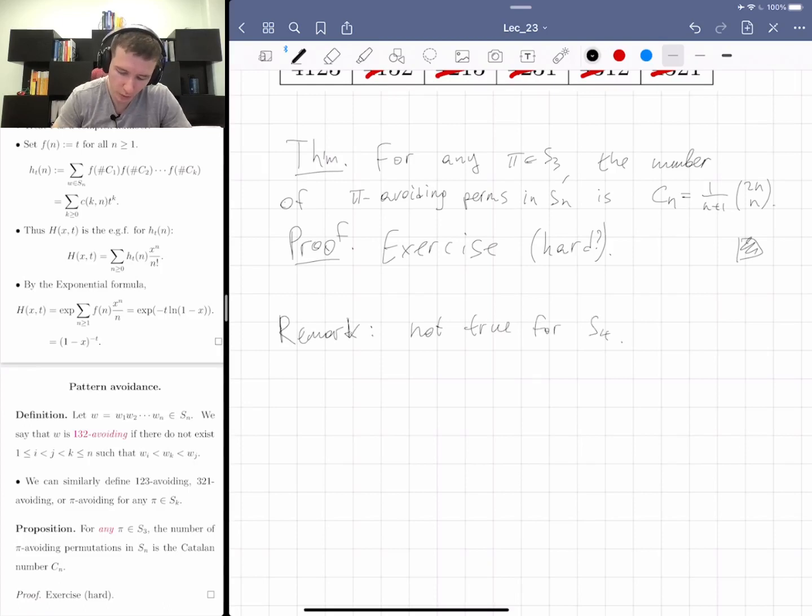There are permutations like 1, 2, 3, 4 that are not going to give you the same number as something like 2, 4, 1, 3. So this pattern breaks, and this is really specific to S3, and I don't know why. I don't think anybody understands this well enough. I think all the proofs are case by case, at least all the proofs I know.